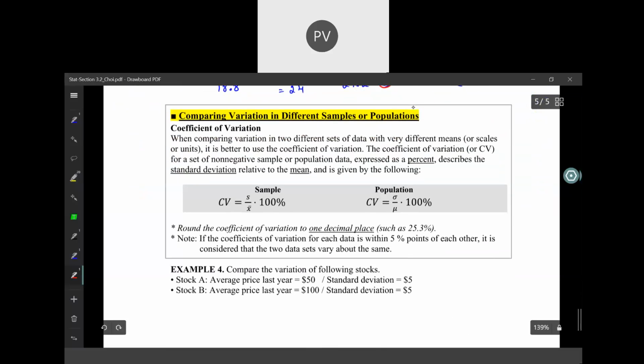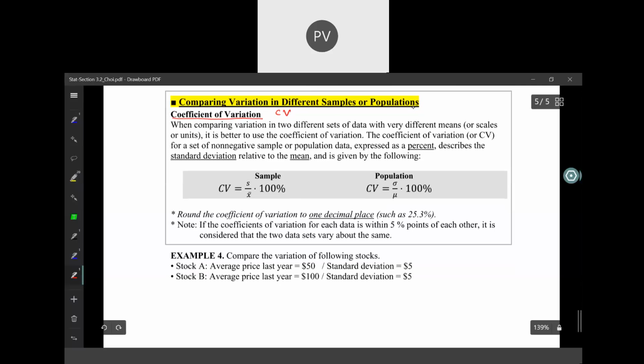Now, coefficient of variation, also called CV. What is the difference between variance and coefficient of variation? Variance we compare within the data set. In the case of coefficient of variation, we have two data sets and we compare the variation between them. That's the main difference. Do not get confused: variance and CV are not the same.